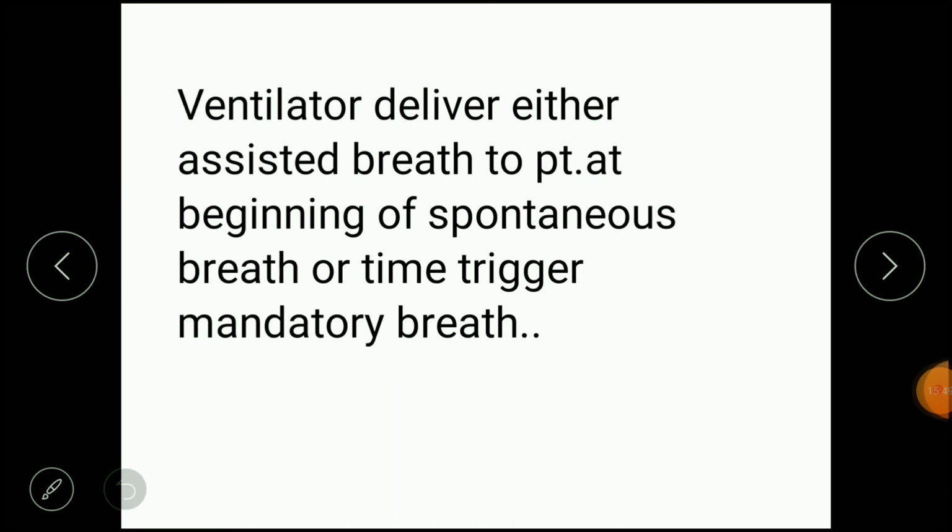So here the ventilator delivers either an assisted breath to the patient at the beginning of a spontaneous breath, or a time-triggered mandatory breath. That means in SIMV mode the patient breathes spontaneously and continues to do so, but sometimes needs a mandatory breath also. That is provided by the SIMV mode.